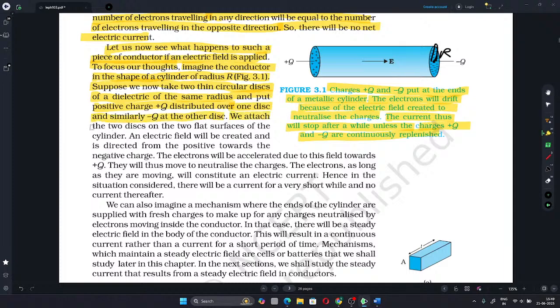We attach the two discs on the two flat surfaces of the cylinder. An electric field will be created and is directed from the positive towards the negative charge.